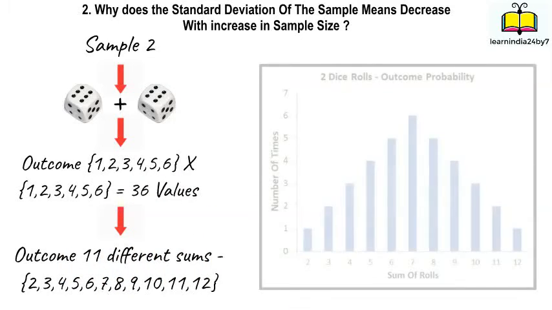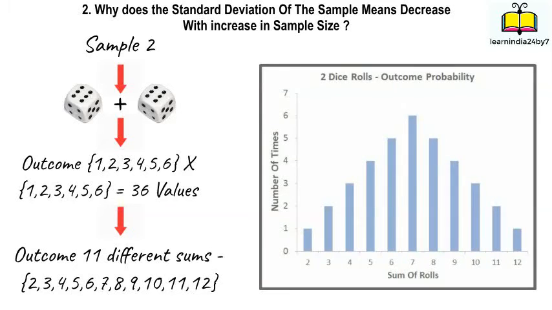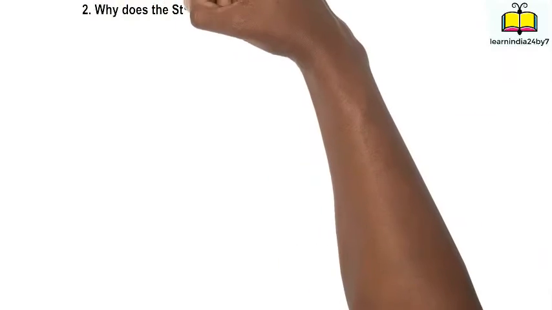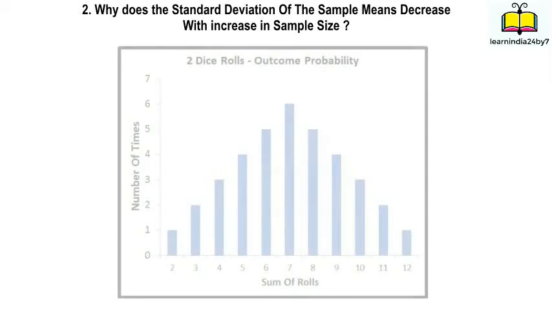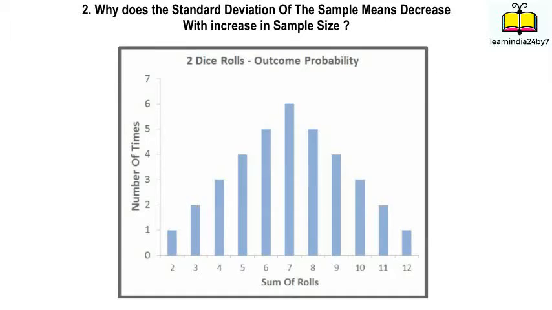These 36 different die permutations don't map evenly onto the 11 different possible sums. We will get more values in the middle of the range than values on the edge. The key point here is that the probability of outcome is more concentrated in the center of the graph for 2 die rolls than it is for a single die roll.